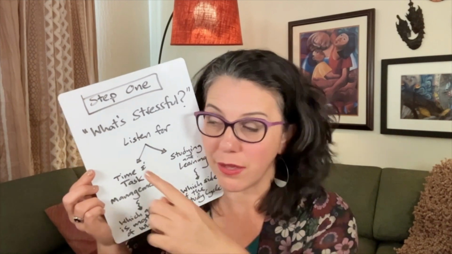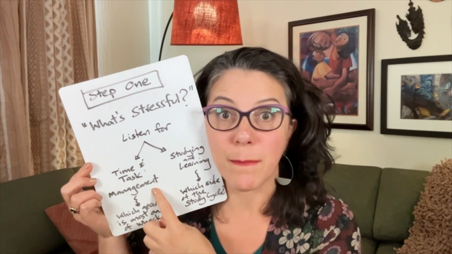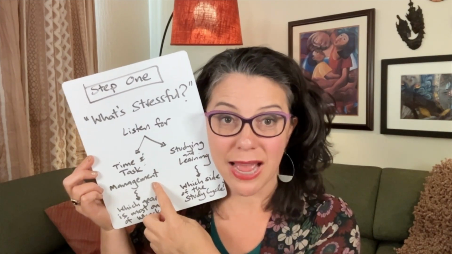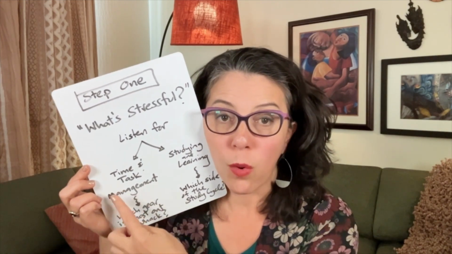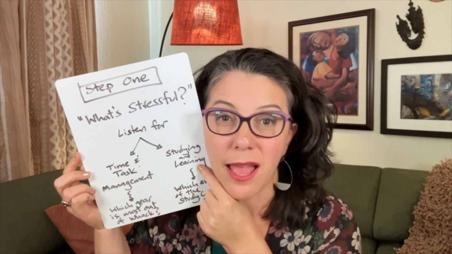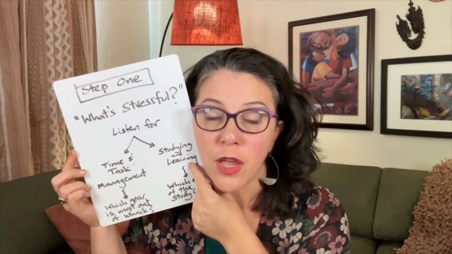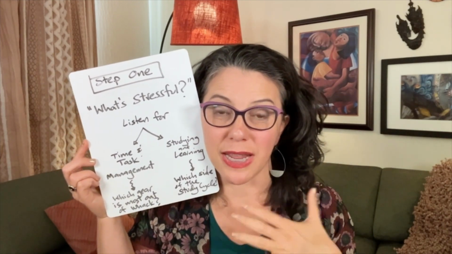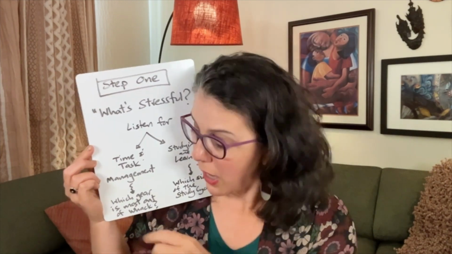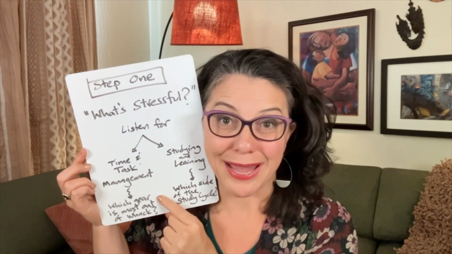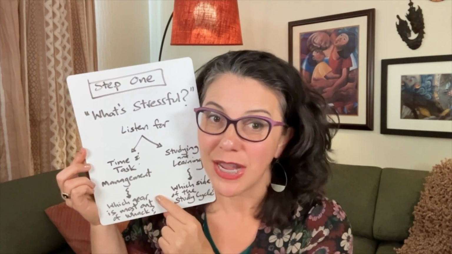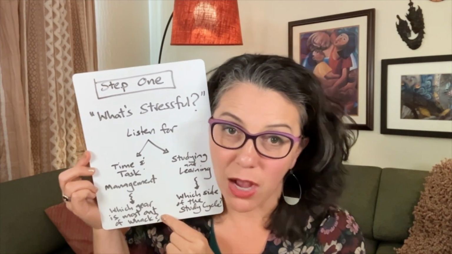While they're talking at you, listen for, do they seem to be struggling more with time and task management? Or do they seem to be struggling more with studying and learning? You might also listen for, if you are somebody who's been trained in my processes, which gear from the Get in Gear mini lecture that I teach is most out of whack right now?